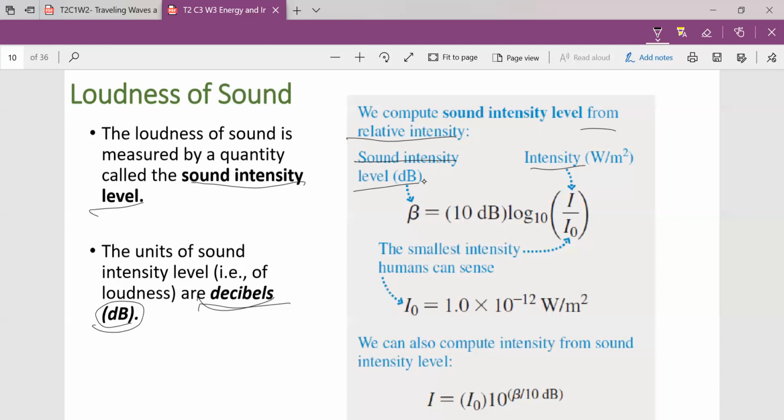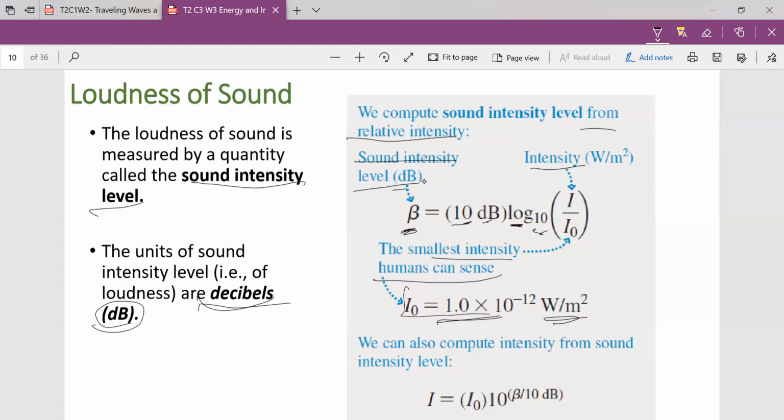So sound intensity level in decibels is represented with the beta sign here, which is equal to 10 decibels times log base 10 of the intensity over the smallest intensity that humans can sense, which is I naught, and that is 1.0 times 10 raised to the power minus 12 watts per meter squared.